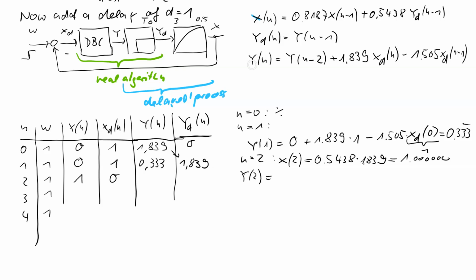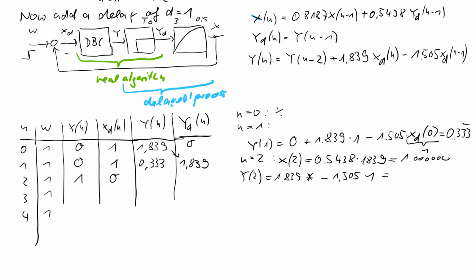Y of 2 is now y of 0. Y of 0 is 1.8 plus 1.8 times xd of 2. xd of 2 is 0, so this is 0, minus 1.505 times xd of n, where n is 2, this is xd of 1, which in our table is 1.